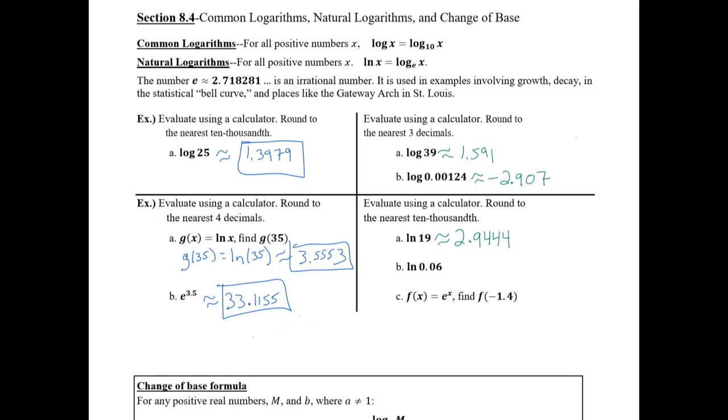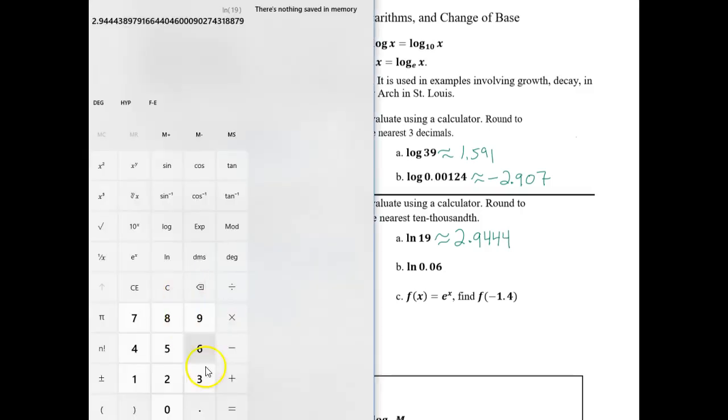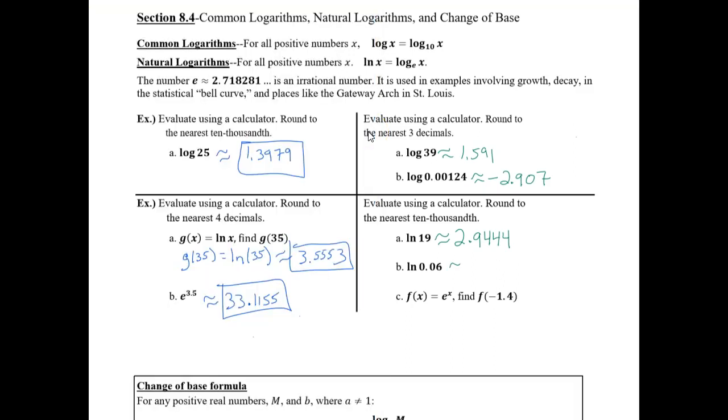Same thing with the next one. 0.06. Take the natural log of that. It's negative. 4 decimals, 1, 2, 3, 4. Look to the right, it's a 1, so I'm going to leave this 4 alone. So negative 2.8134.